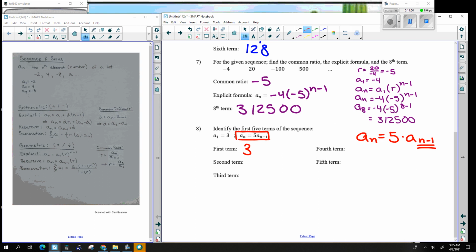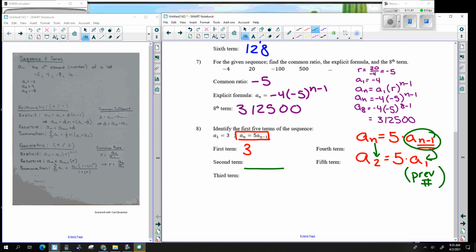For instance, if I'm looking for the second term, n is 2. What this is saying is I'm going to take 5 times A n minus 1, or 2 minus 1, which is 1. So A n minus 1 is the previous number.